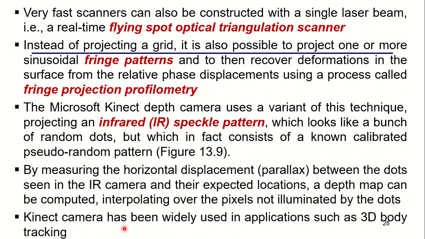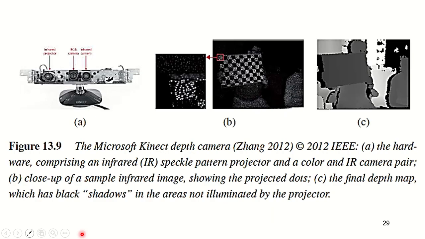The Kinect camera has been widely used in applications such as 3D body tracking. This is the Microsoft Kinect depth camera hardware, which comprises an IR speckle projector, an RGB camera and an IR camera. All these comprise the Microsoft Kinect depth camera.